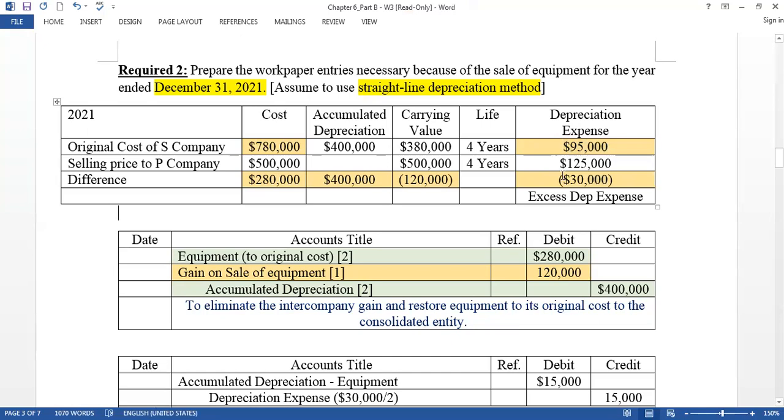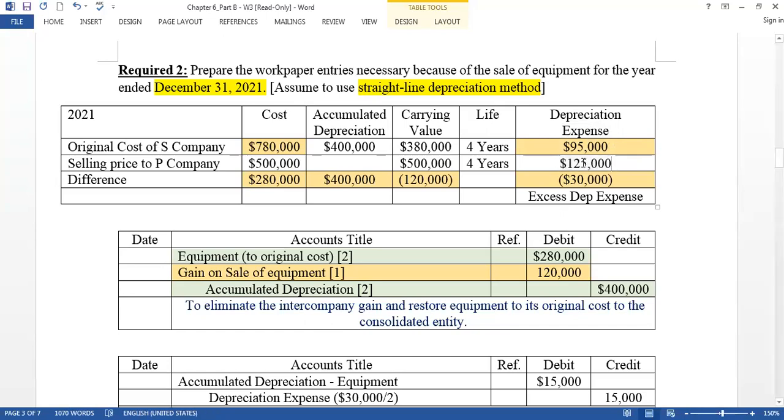But as we have intercompany sales, now parent's company going to record depreciation because this is the cost of the parent company, and parent company record depreciation based on their cost, right? So parent's company record $125,000. But we know that when we prepare the consolidated financial statement, it should be based on the original cost, right?